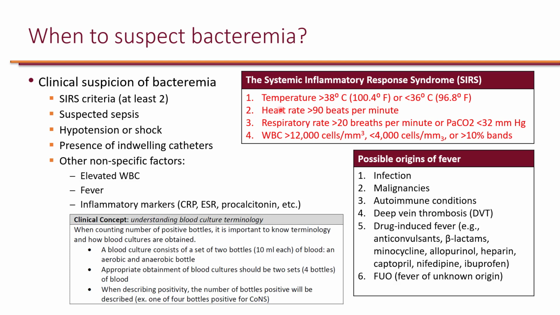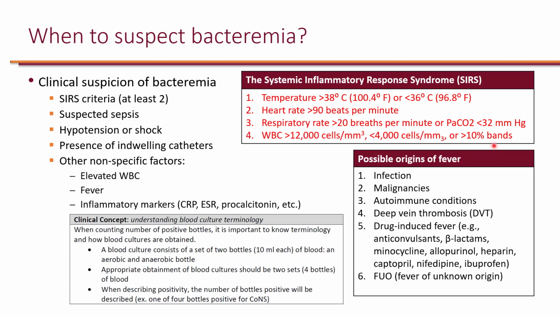So that includes a fever, which is defined as a temperature of 38 degrees centigrade or 100.4 degrees Fahrenheit, or hypothermia if someone's temperature is less than 36 degrees, as well as heart rate over 90 beats per minute, respiratory rate over 20, or PaCO2 less than 32, and lastly, white blood cell more than 12, or white blood cell less than 4. So the first one is leukocytosis, the second one is leukopenia.